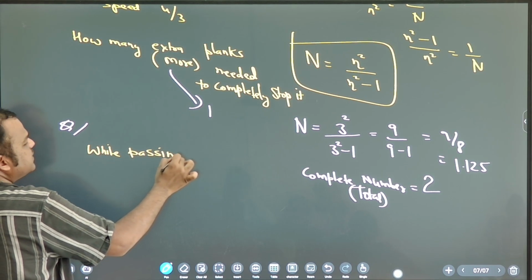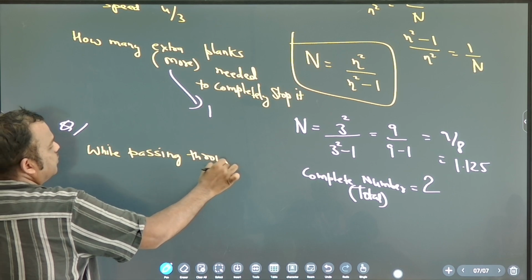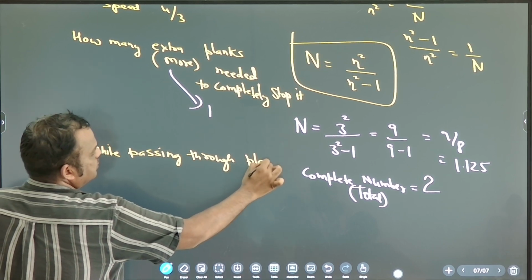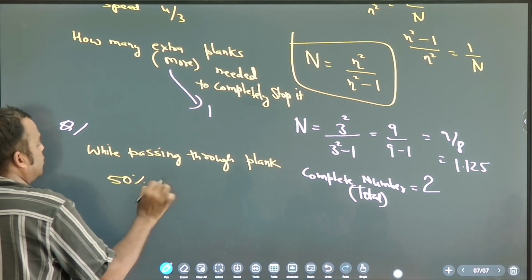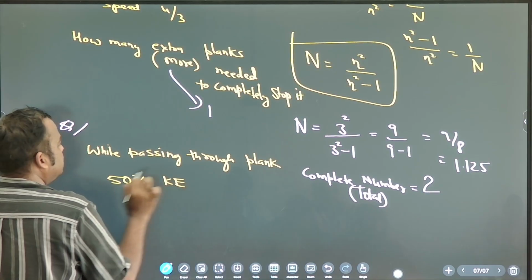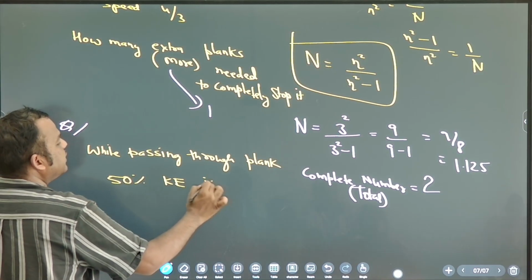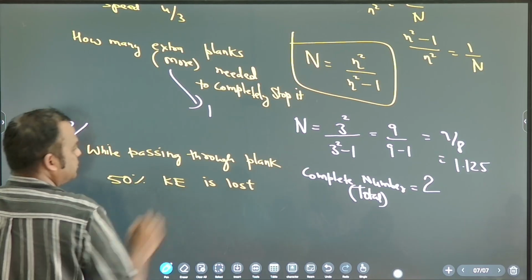While passing through a plank, 50% kinetic energy is lost.